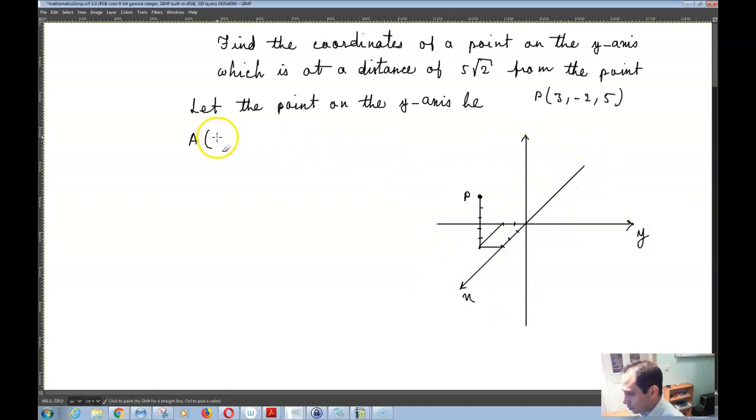That means that it is 0, y, and 0. So suppose that your point moves on the y-axis.